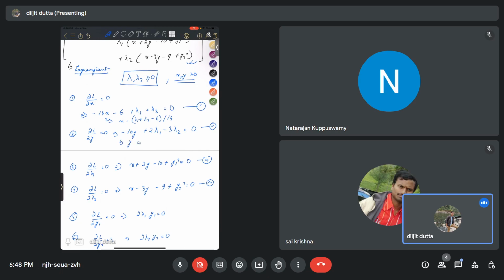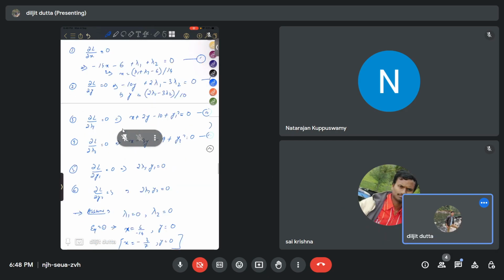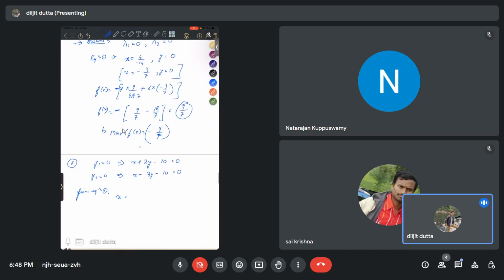From here y is equal to 2 lambda 1 minus 3 lambda 2 divided by 10. Oh yes, sorry, x minus 3y minus 9. Thanks for the correction.